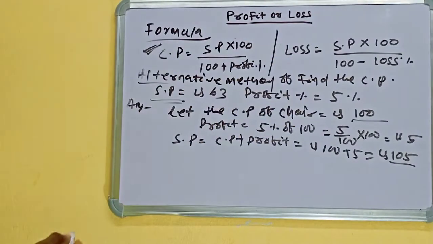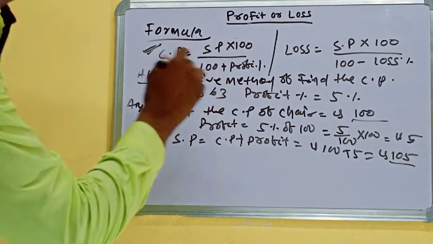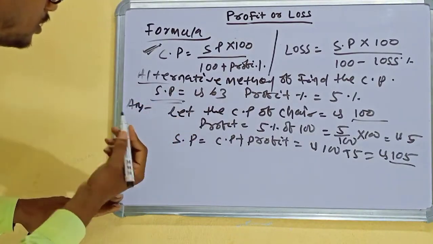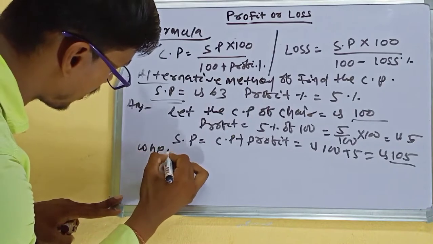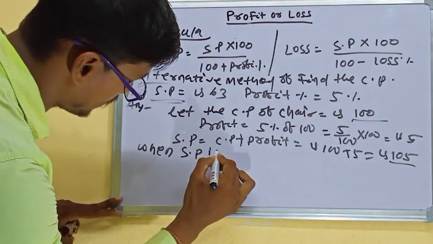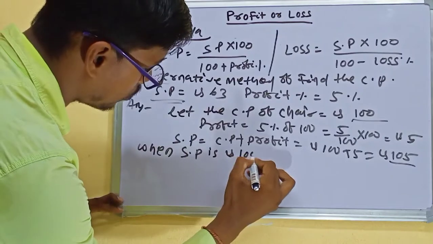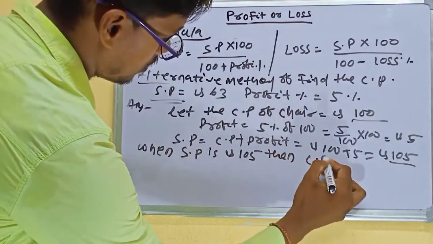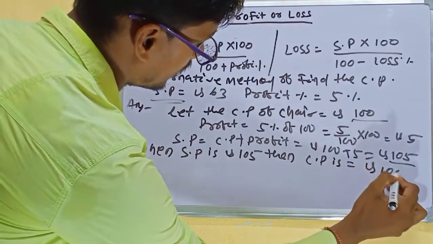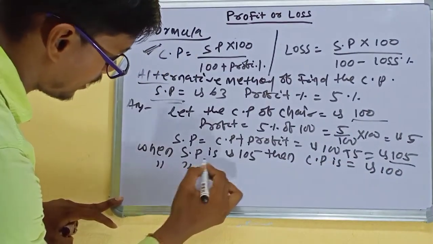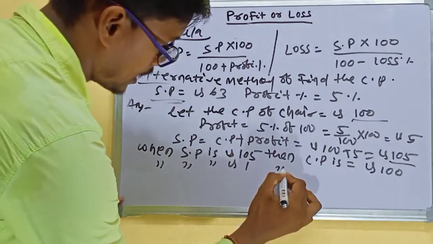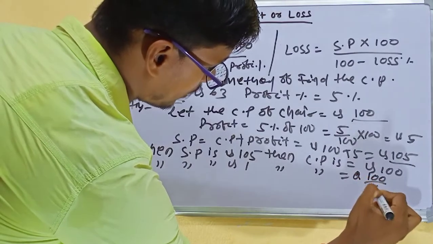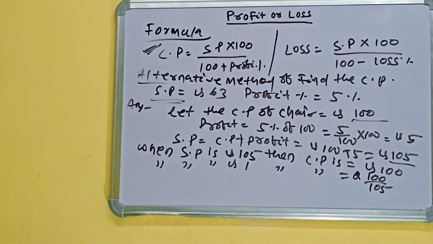So when SP is rupees 105, CP is rupees 100. Then when SP is rupees 1, CP is rupees 100 divided by 105.